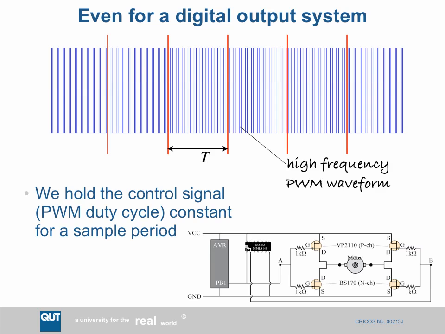But typically what we do is we hold the pulse width modulation duty cycle constant for the control period, which is shown here as T. So even in the case of a system with a digital input, we still have the zero-order hold function, which is holding the input constant over a sample time.